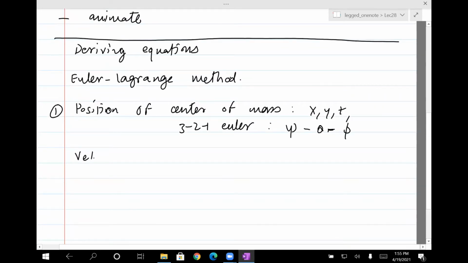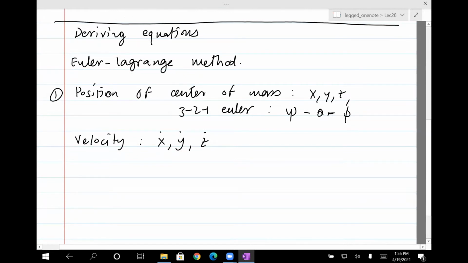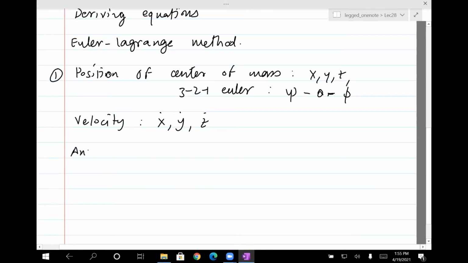Then we need to find the velocity, and the velocity is simply x dot, y dot, z dot, or if you like to call it vx, vy, vz. And then comes angular velocity. This is where things are slightly different from the 2D case. We have the Euler rates, the angular velocity in the body frame, and the angular velocity in the fixed frame.